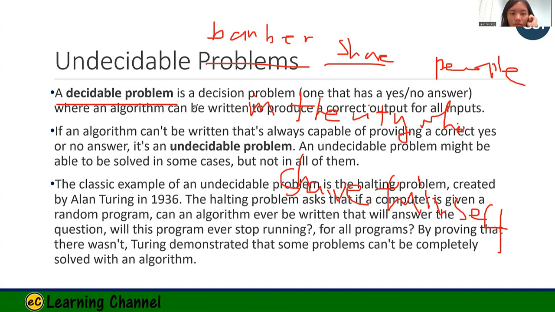The barber shaves people in the city who don't shave themselves. But if he shaves himself, then he violated the rule. If he doesn't shave himself, then he needs to shave himself.